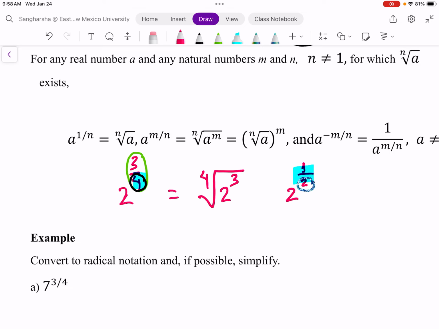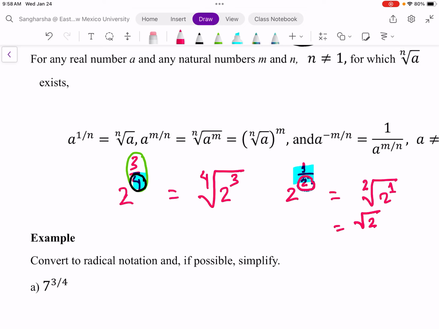If you want to rewrite using a radical sign, the denominator 2 is the index, and the remaining 2 to the power numerator is our radicand. And since it's index 2, you are not required to write index 2 every time. So this is simply the square root of 2 to the power 1, which is 2. Or you can go the other way.